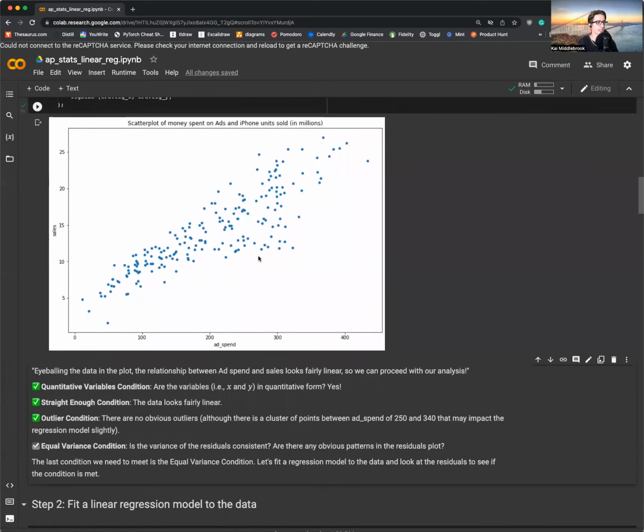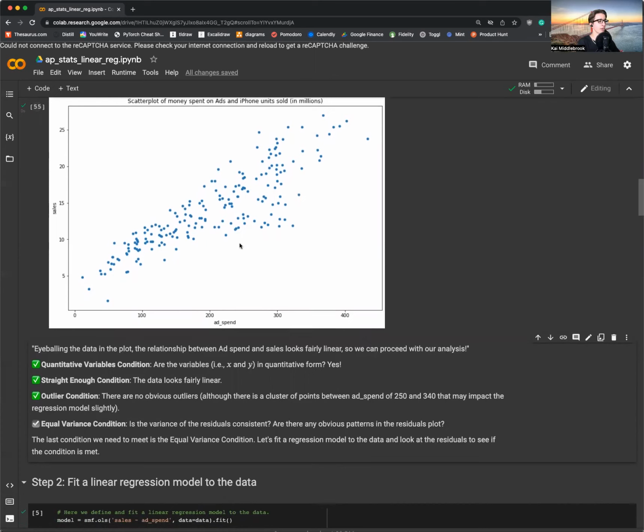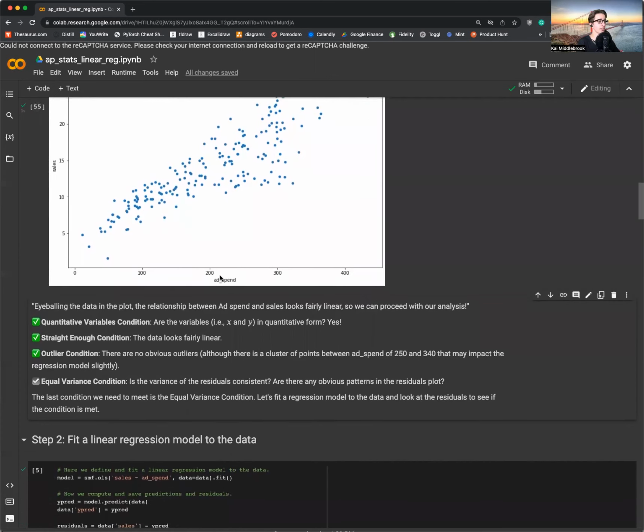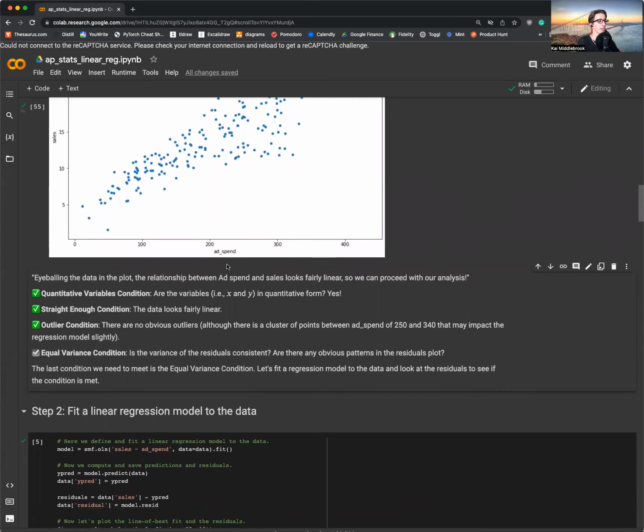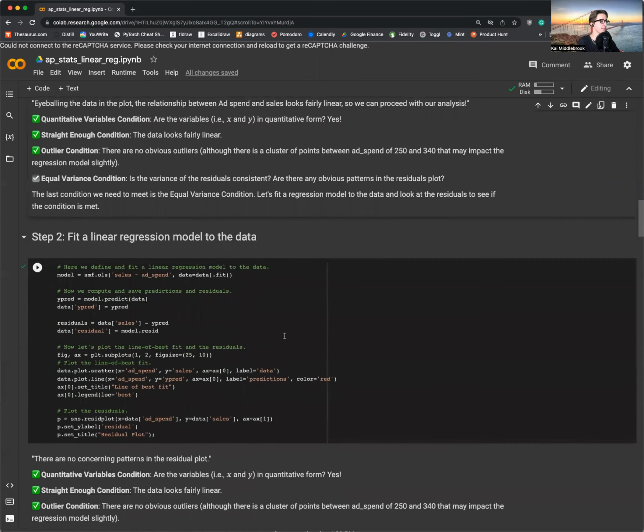And this is representative of real world situations. You're never going to have a perfectly linear thing. So yeah, I feel pretty good about this. Now the last condition we need to meet is the equal variance condition. And again, in order to meet that, we need to fit a regression model and take a look at the residual plot. So let's do that next.